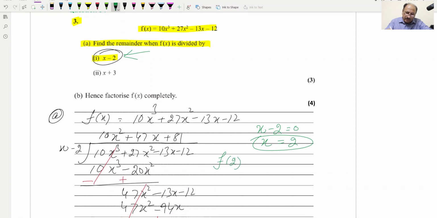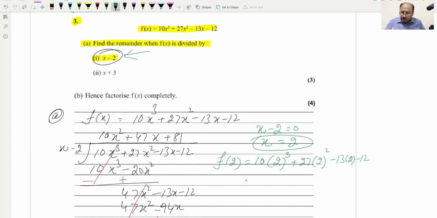We have f of x, so we will replace x with 2, and this will be 10 into 2 raised to 3, plus 27 into 2 squared, minus 13 into 2, minus 12.